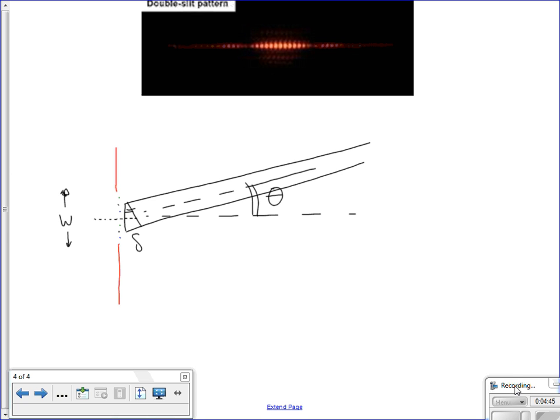If that path length difference is, just like for two-source interference, a wavelength or an integer number of wavelengths, then you can see constructive interference from those two sources.